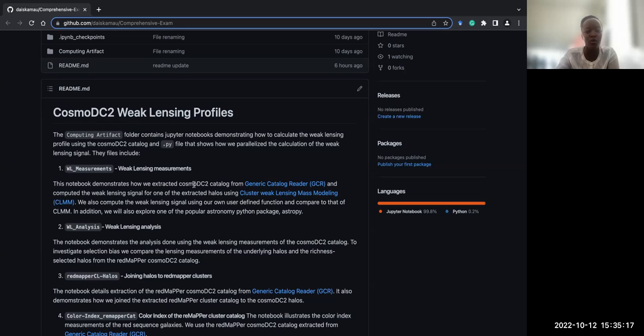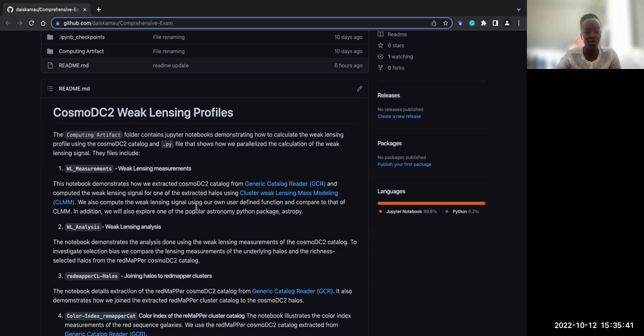So I was trying to compare its calculation, and I also developed a user-defined function to compute the weak lensing signal.